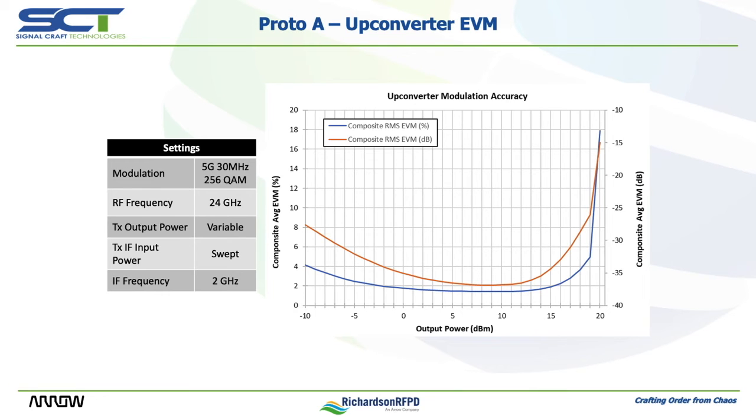The up converter's EVM performance was measured using a vector signal analyzer. By sweeping the input power, EVM performance over output power can be attained. For this configuration, we can see that the best performance occurred between 0 and plus 15 dBm. Below this point, overall noise is starting to impact the signal-to-noise ratio.